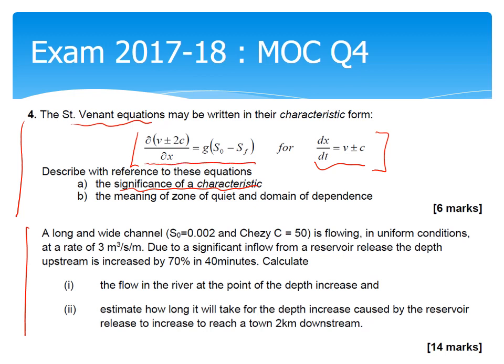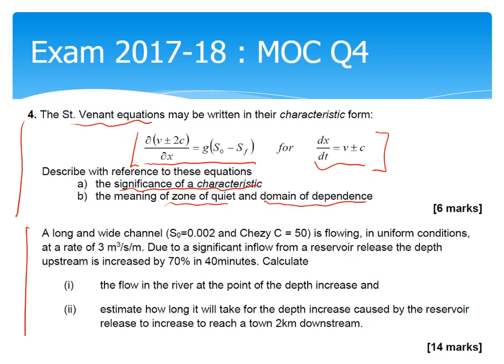So it tracks changes in depth and velocity or flow or wave speed, etc., along this characteristic line. The second part of the question says discuss the zone of quiet and the domain of dependence.